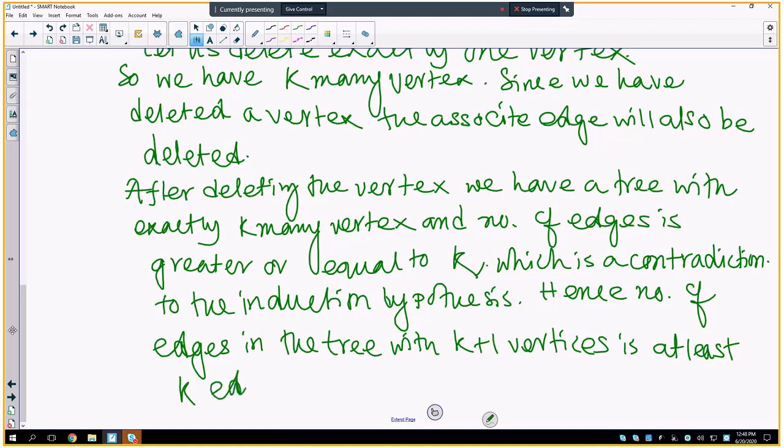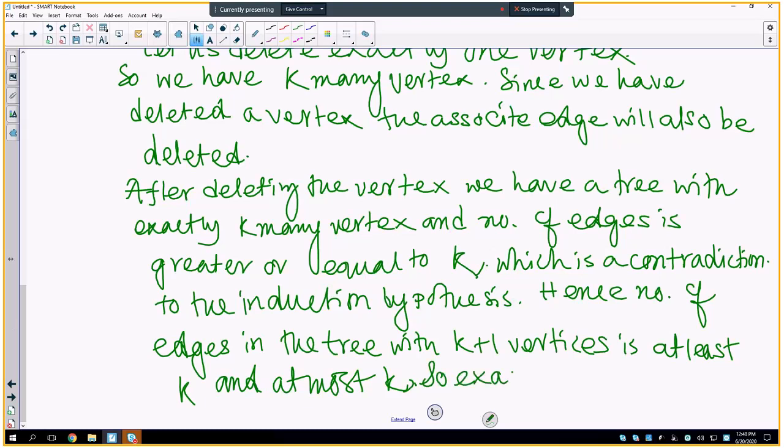And we just have shown the number of edges is at least k, and at most k. It cannot be greater or equal to k plus 1. We just have proved that. So at least k and at most k means what? So exactly k.